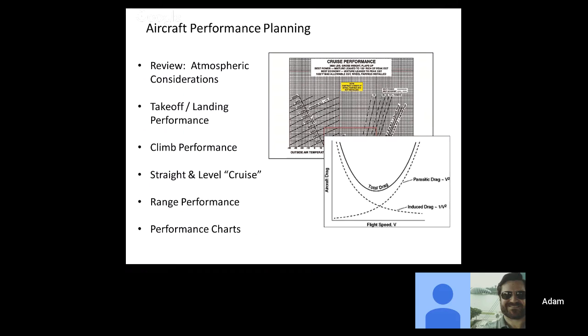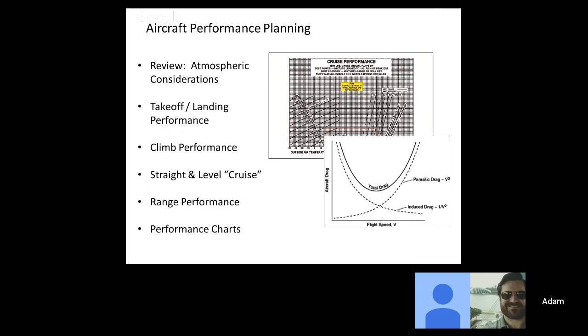With that, aircraft performance planning, we're going to look at all phases of flight and what you'll be expected to know from a flight planning perspective. And we've looked at a few performance charts throughout the classes. I know I've pulled up the operating handbook for the Piper Arrow a couple times, but we're gonna deep dive each and every type of performance chart that you might see.